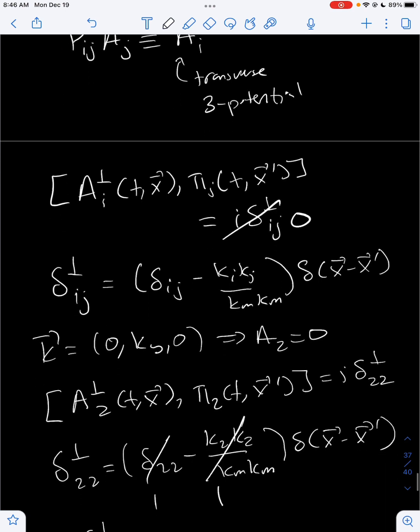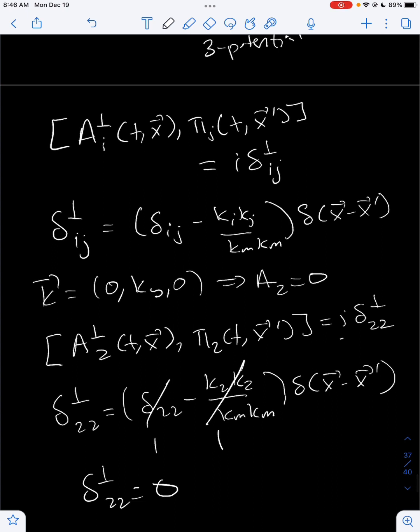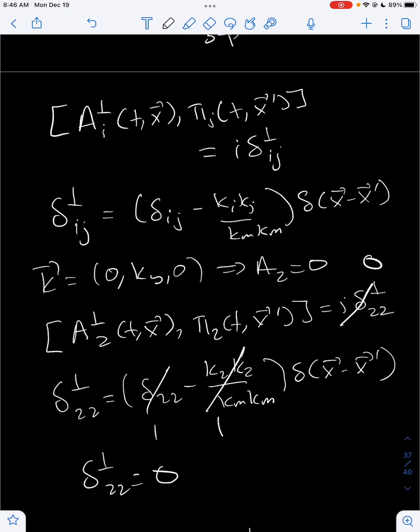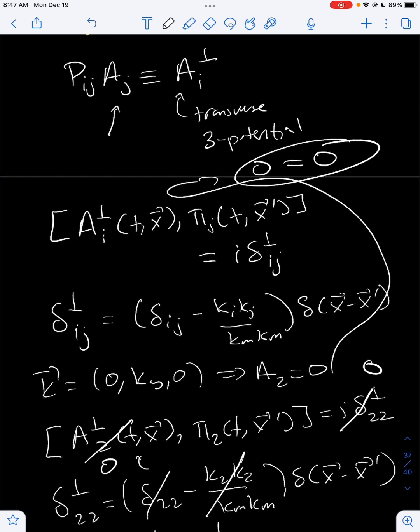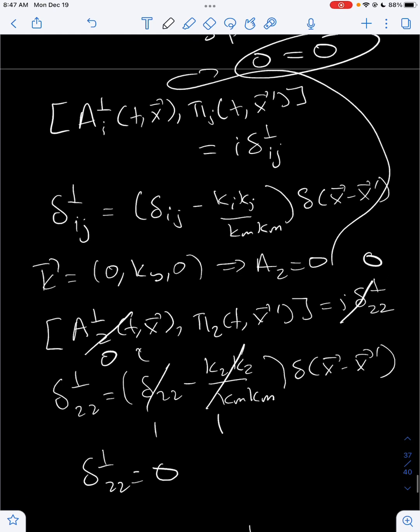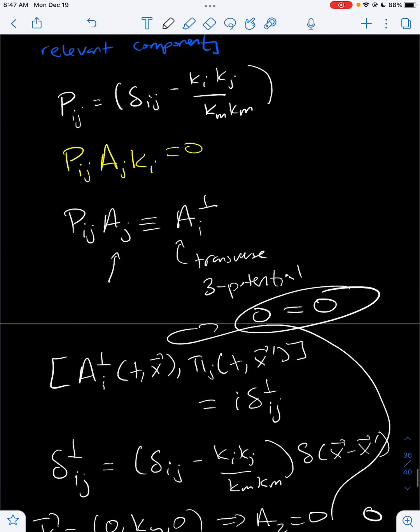Oops, sorry, I should be looking at the one below that. That will tell us that this over here is 0. And since this is 0, we have a true relation where 0 equals 0, which makes sense. We don't have a contradiction anymore. So that's how this solves our problem by using the transverse delta and the transverse field.